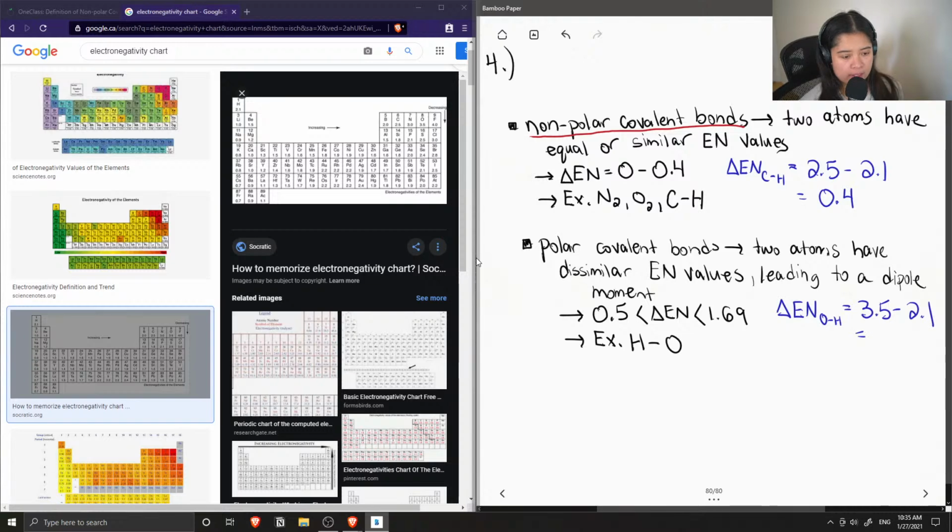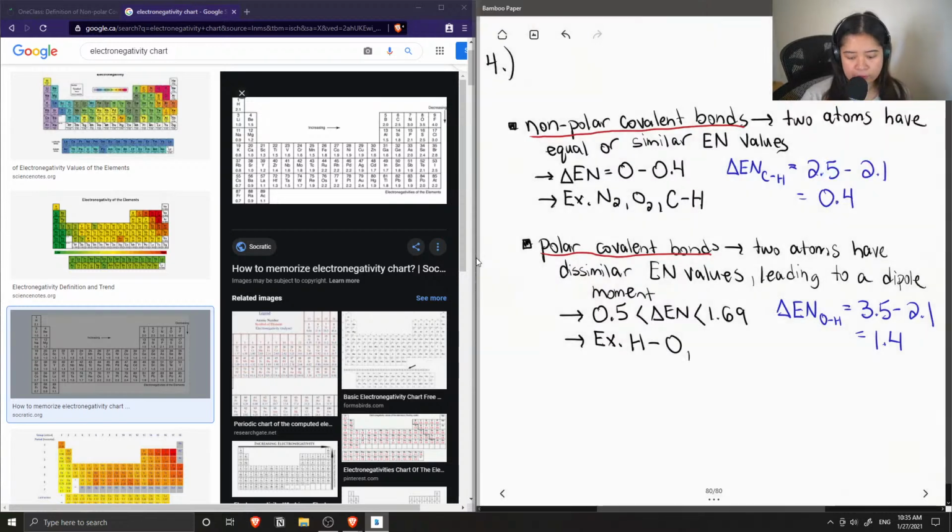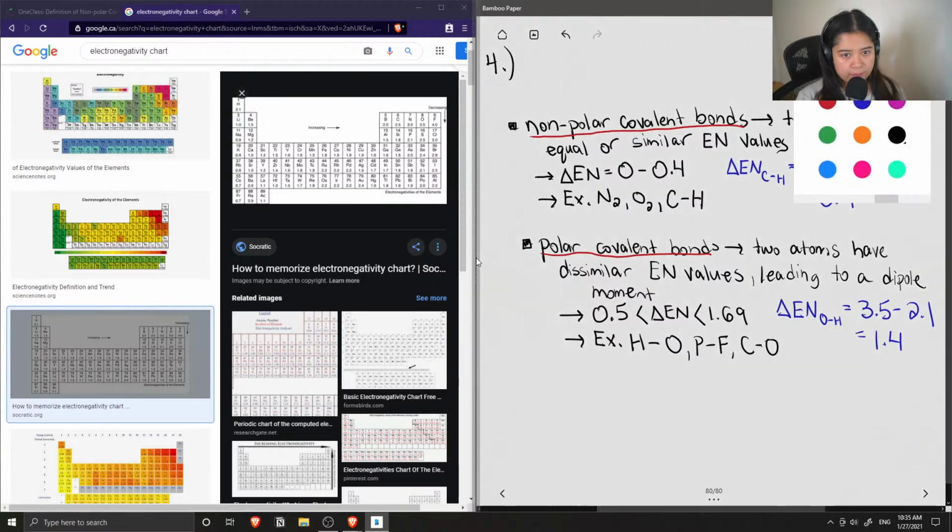So this makes the difference in electronegativity equal to 1.4, which lies within this range, making the OH bond polar covalent. Another example of a polar covalent bond would be phosphorus and fluorine, or carbon and oxygen. These are examples of polar covalent bonds.